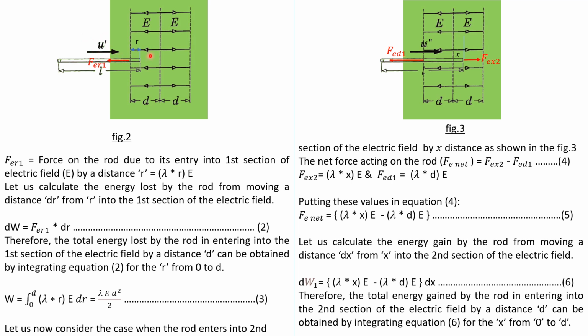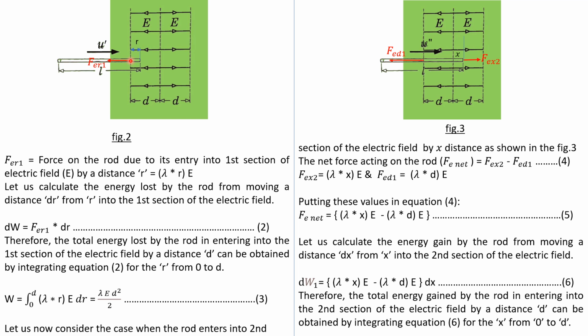So it means the rod will lose its energy. How much energy will be lost for dr movement can be given as F_E R1 into dr. F_E R1 we know is lambda r into E, into dr.